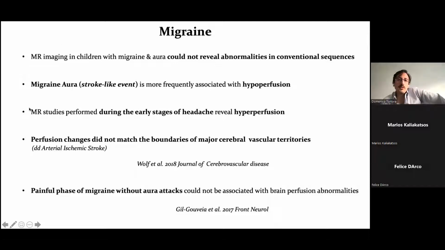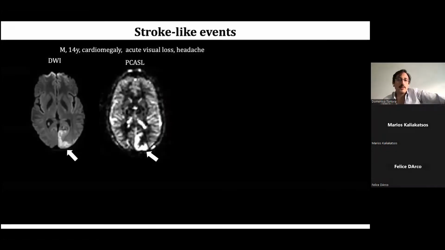It's also important to know that the perfusion changes observed in patients with migraine in many cases did not match the boundaries of the major cerebrovascular territories. Migraine without aura attacks could also be associated with normal perfusion patterns.